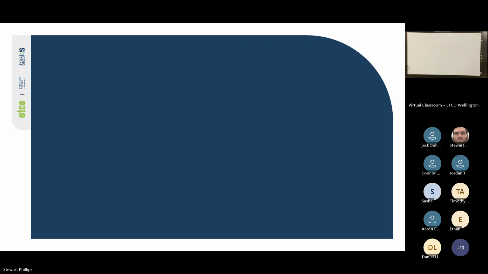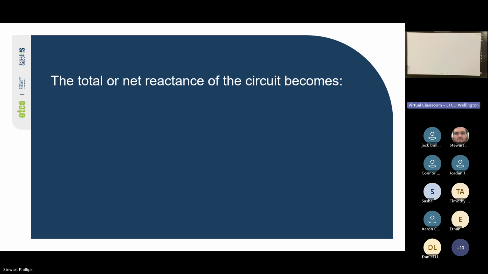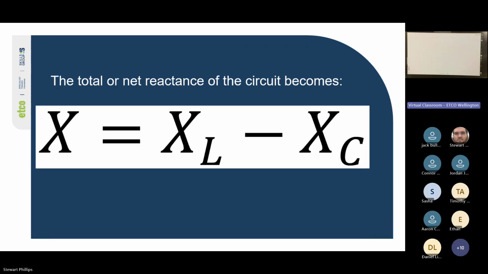So if XL is greater, the circuit behaves inductively, current lags. If XC is greater, the circuit behaves capacitively and current leads. So the total net reactance of the circuit becomes X equals XL minus XC. Because they work in opposite of each other, we subtract.